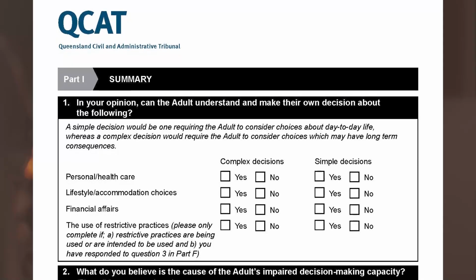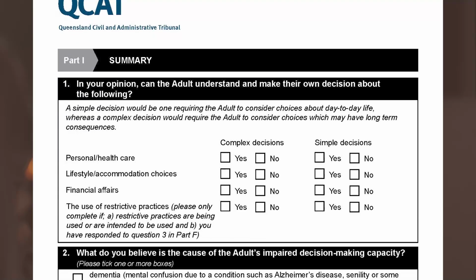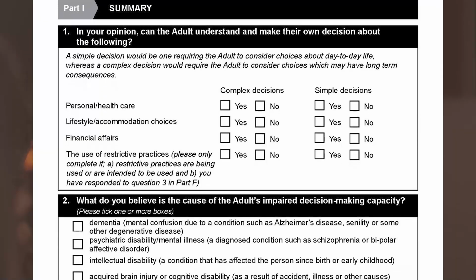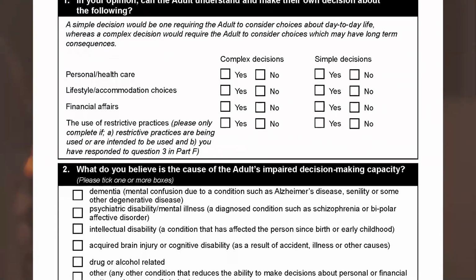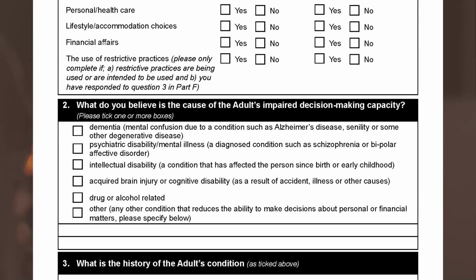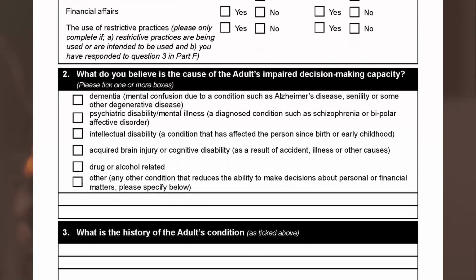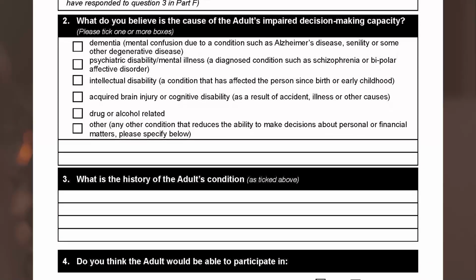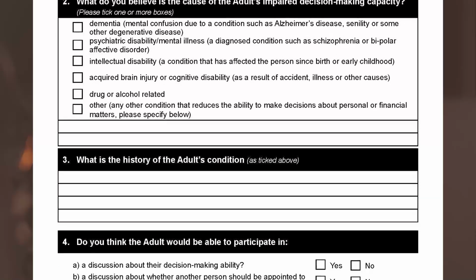And then Part I is the summary, which is really important for the tribunal to look at in relation to the person's ability to make healthcare, personal decisions, lifestyle, accommodation and financial decisions, along with the use of restrictive practices, and whether they're complex or simple, and a simple decision is defined as a day-to-day decision. So that's the summary part.